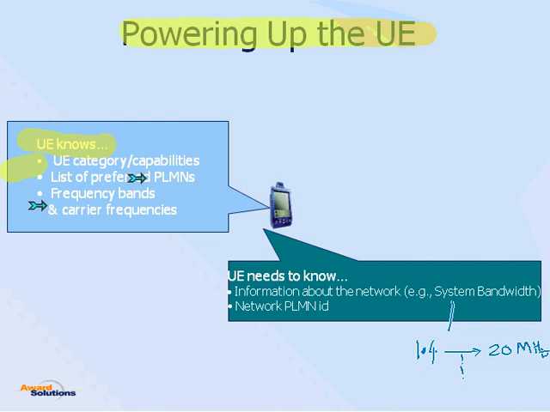And typically, initial deployments would probably have 10 megahertz bandwidth for the downlink, 10 megahertz for the uplink. That's the most common deployment that we should see, at least initially. So we need to know such information about the system. We need to know which PLMN is currently available to us.